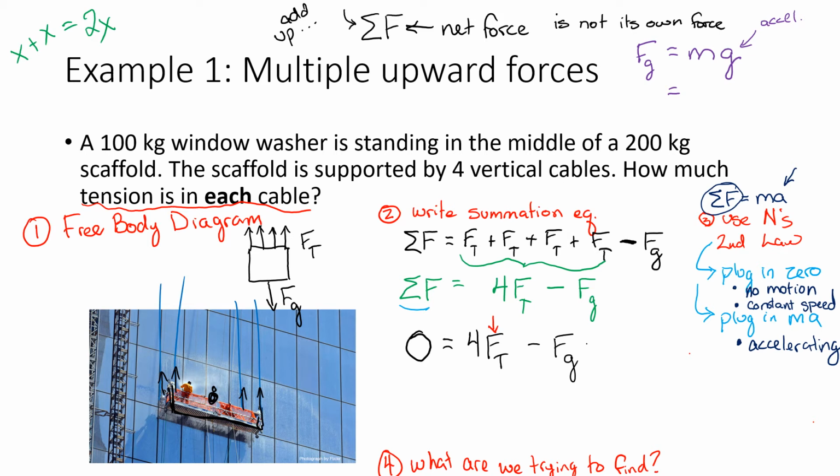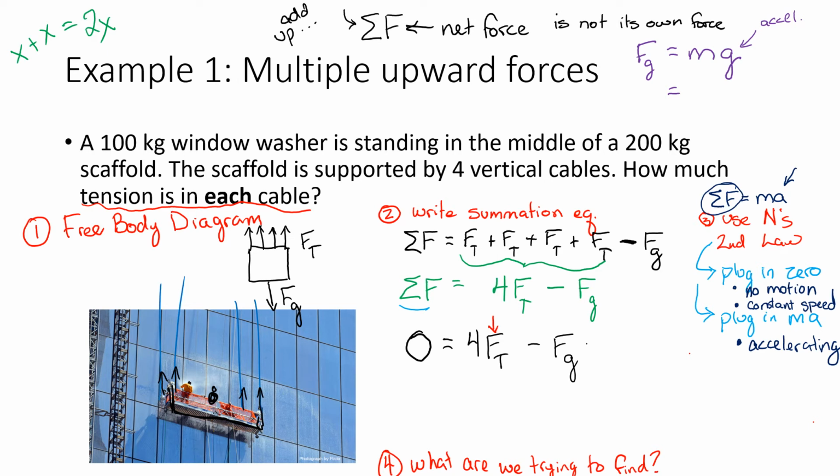So what mass are we going to use and what acceleration are we going to use? The bigger question, hopefully the acceleration that we're going to use, is 9.8 meters per second squared, because that's the acceleration of all objects on the planet Earth when they're not affected by air resistance.